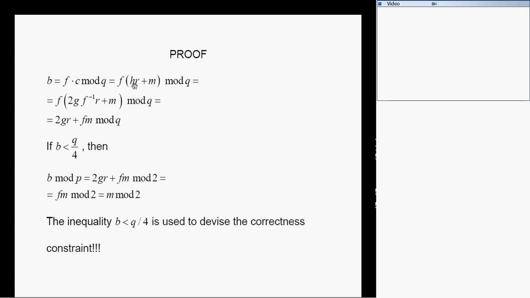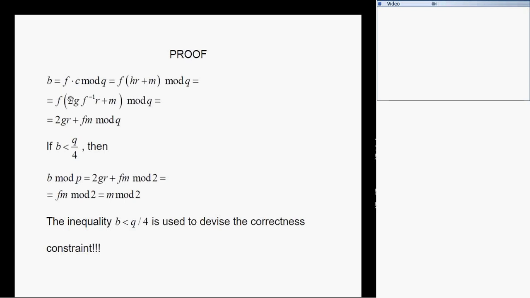Then we can use the definition of the public key H, so we substitute our definition of the public key in this expression. As you know from basic modular arithmetic, if you multiply a certain polynomial by its inverse, or a number by its inverse, you will get 1 as the result.